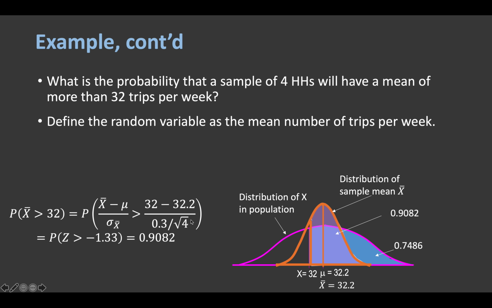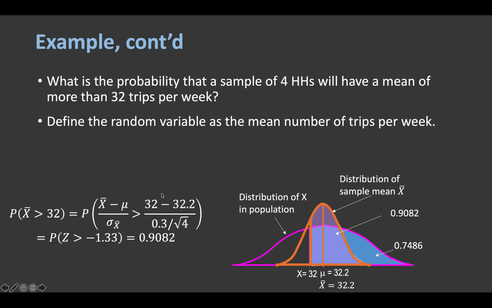That's basically how we get this number. Here we are dividing by 0.3 divided by root of 4, so basically 2, instead of directly dividing by 0.3, because we need to use the sample variance. So that gives us 0.15, right?